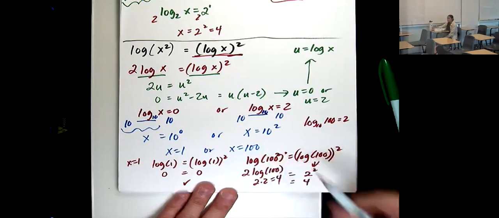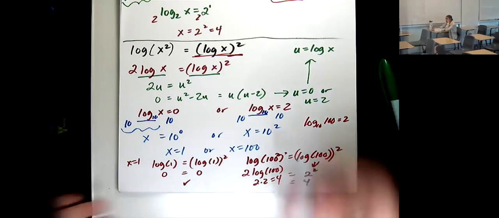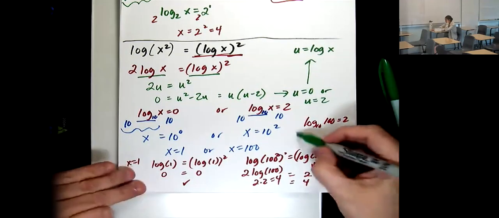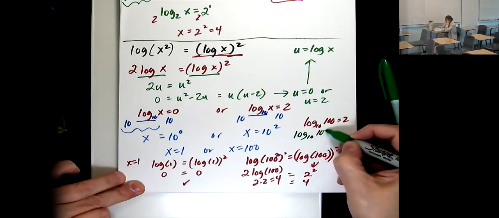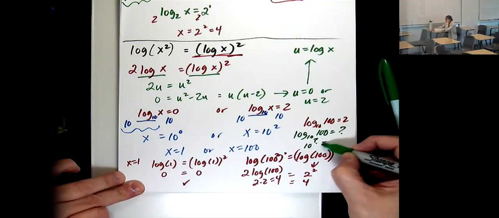This is probably something I would throw in a calculator. Knowing that log base 10 of 100 equals 2 means asking: log base 10 of 100 equals what? 10 to the question mark equals 100.